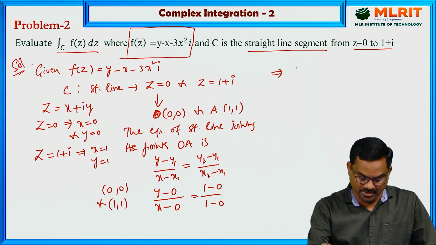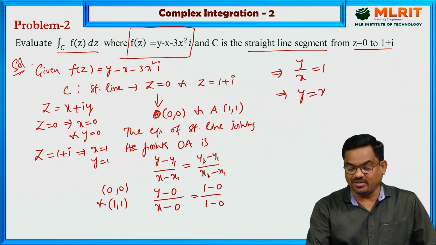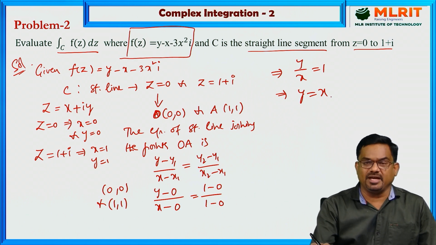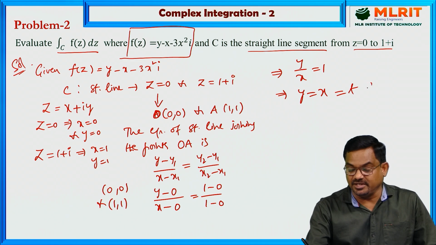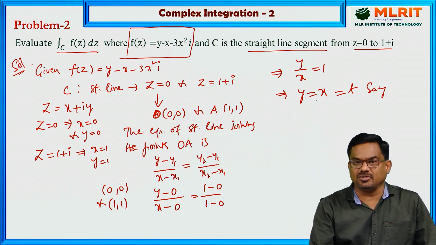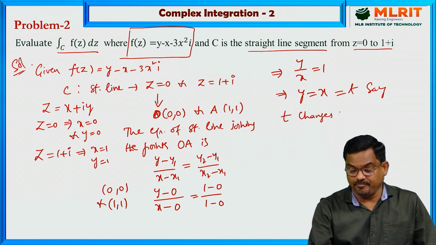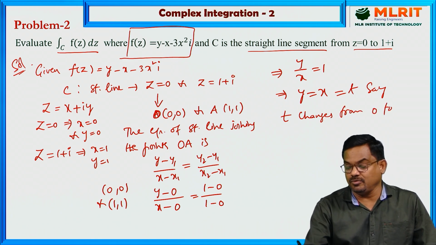So that implies y by x equal to 1. So we have the relation y equal to x. That means we can replace y by x or x by y, or both I can consider as some t. So x equal to t, y equal to t, and t changes from 0 to 1.